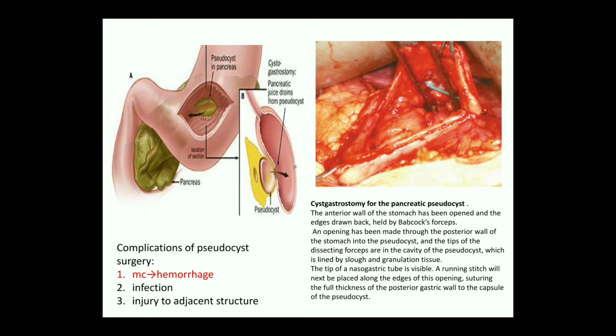An opening has been made through the posterior wall of the stomach into the pseudocyst, and the tips of the dissecting forceps are in the cavity of the pseudocyst, which is lined by slough and granulation tissue. The tip of a nasogastric tube is visible. A running stitch will next be placed along the edges of this opening, suturing the full thickness of the posterior gastric wall to the capsule of the pseudocyst.